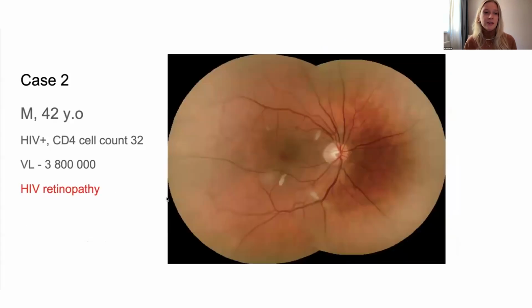The other case that you can see is a male, 42 years old, who is also HIV positive with a low CD4 count, and you can see that he has a high viral load.